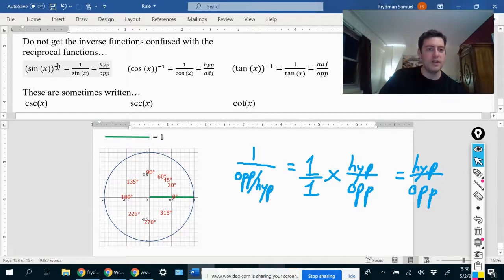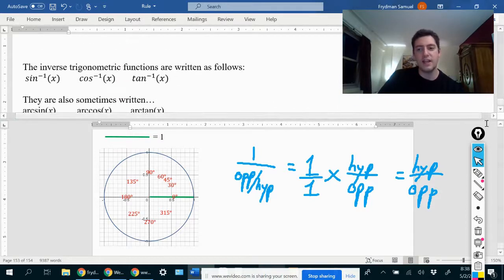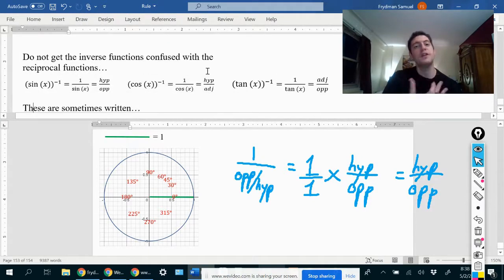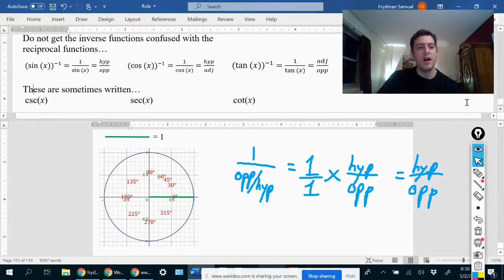That -1 being written outside of everything tells you that you're dealing with a reciprocal function, whereas writing the -1 sort of in between the sine and where I've written x here, or the cosine and where I've written the x, writing it in between there tells us that we're talking about the inverse function. Okay, I didn't even talk about what an inverse function is yet, but I just don't want you to get confused with the notation. These, by the way, are sometimes written like this.